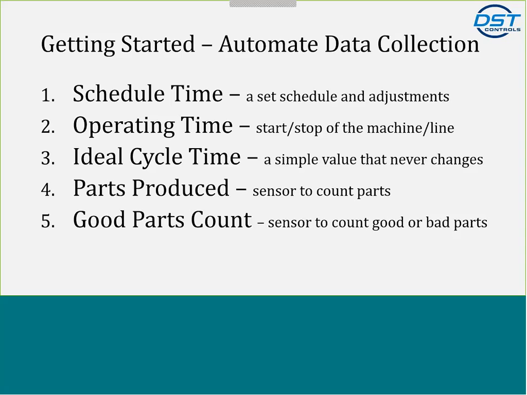If at some point after the part is produced there's an inspection that is going to kick out bad parts, then we would like to count anything that makes it past that point for our good parts. Or we could count the scrap, which would give us our bad parts, and then we could just take the parts produced minus the bad parts, and that would give us our good part count.